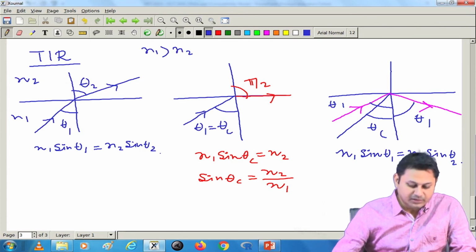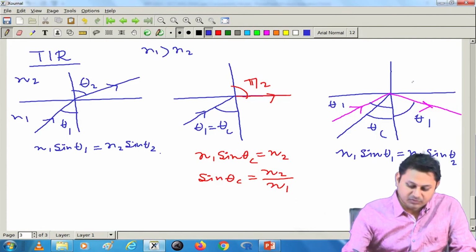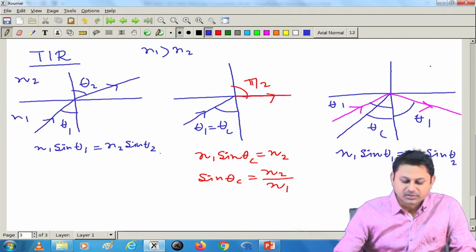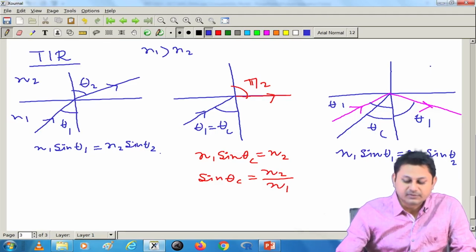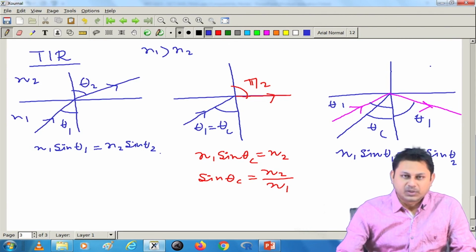So, from the imaginary value we will try to find out what will be the fate of this wave. Some wave will pass through this boundary, which we call the evanescent wave. This evanescent wave eventually dies out. That part we are going to see in our next class.